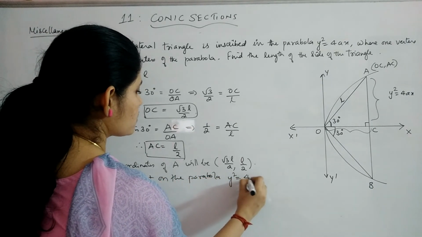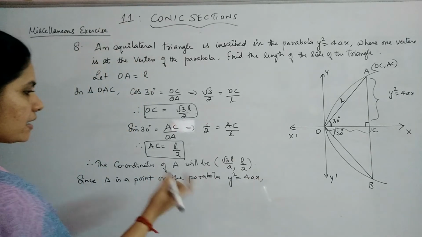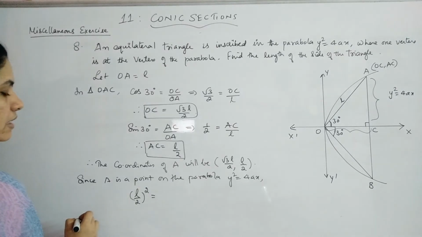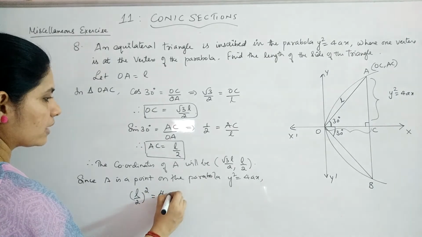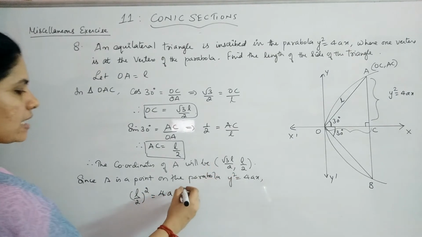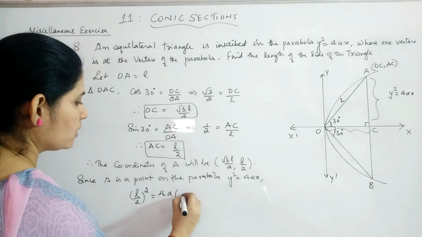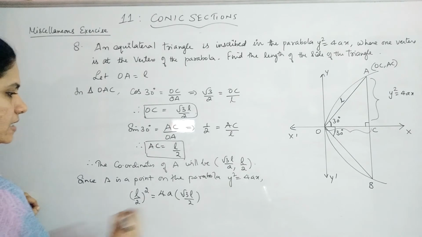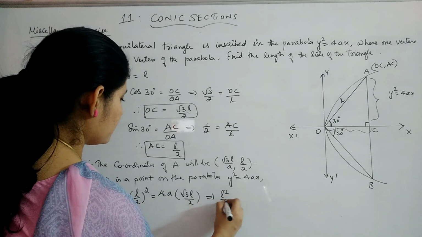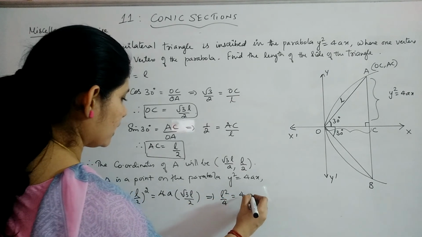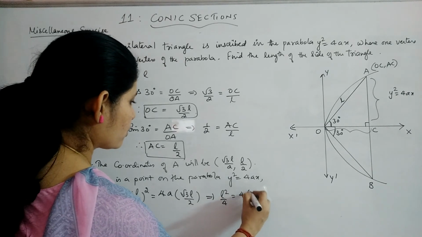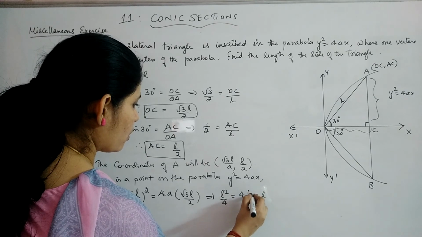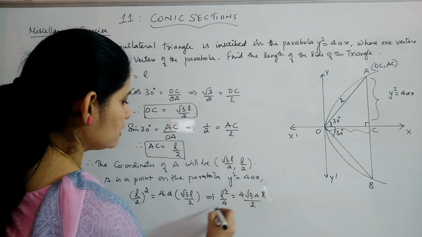Since A is a point on the parabola y square equal to 4ax, we can replace y with L by 2. So L by 2 the whole square is equal to 4a into x, and x is root 3 L by 2. So this gives L square by 4 is equal to 4a times root 3 L by 2, and L will get cancelled.